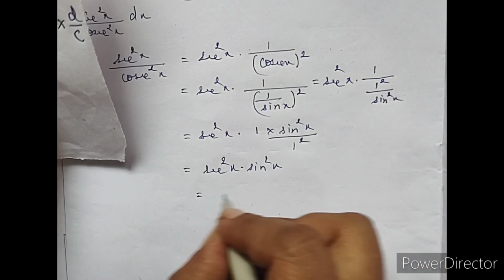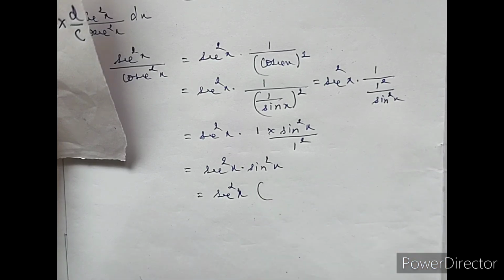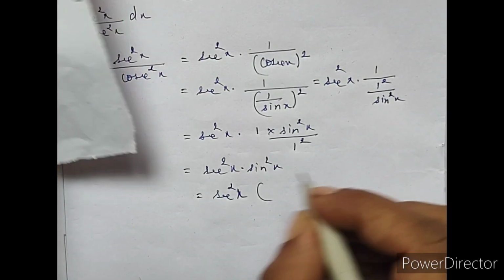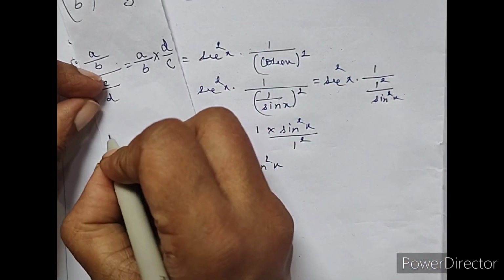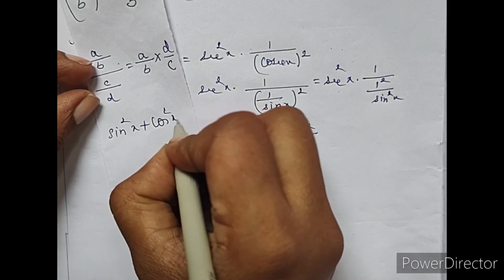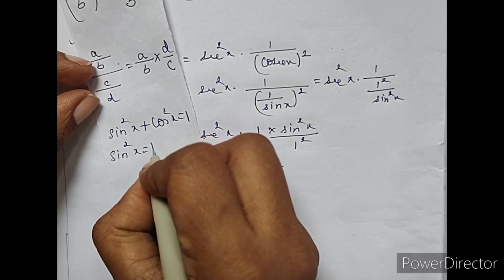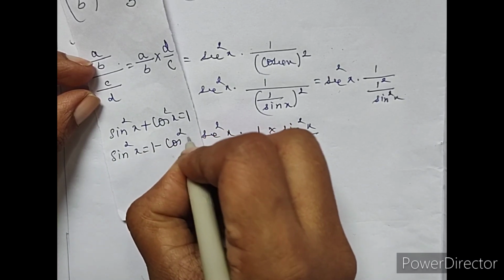Okay, so now simplifying further. We know sin square x plus cos square x is equal to 1. So sin square x is nothing but 1 minus cos square x.